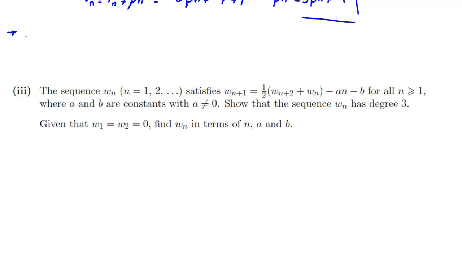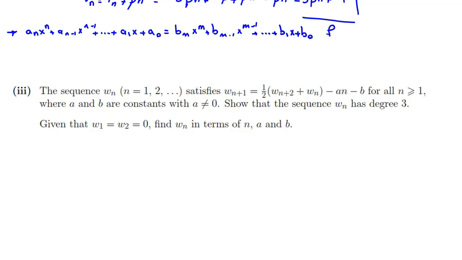The idea is that if you have, for example, an xn plus an minus 1 xn minus 1, up to a1x plus a0, and it is equal to bmxm plus bm minus 1 xm minus 1, up to b1x and b0, for infinitely many x, or you can also say for more than the maximum of their degrees, then m should be equal to n, and an equals bn, and all the related coefficients should be equal, down to a0 equal to b0.